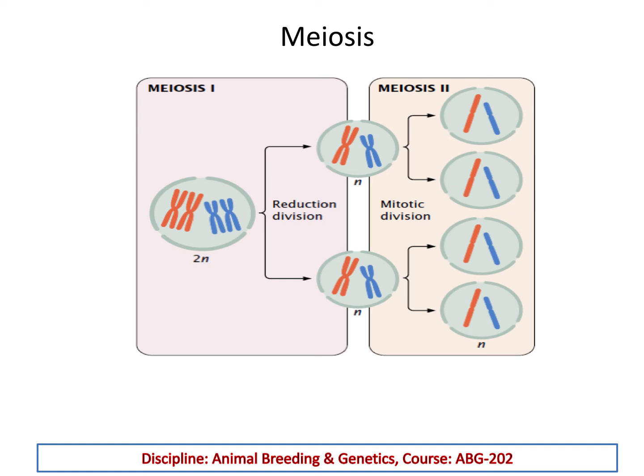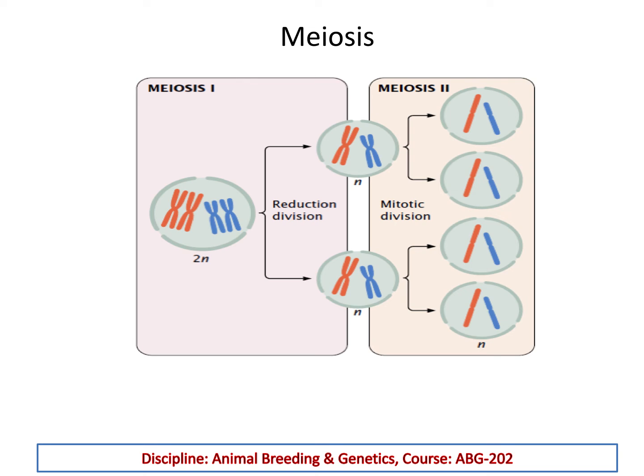Now meiosis is something different from mitosis, because in meiosis the number of chromosomes is reduced to half. Now you can see there are 4 chromosomes, 2n. So in the reduction division in meiosis 1, that is different from mitosis.